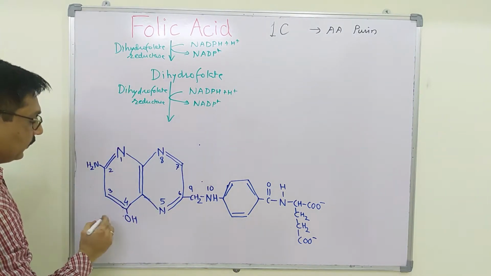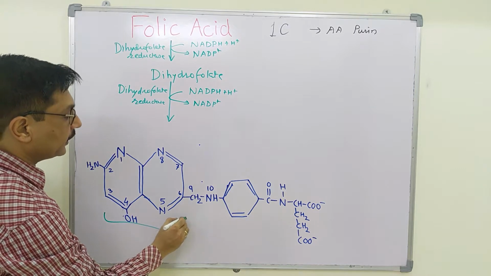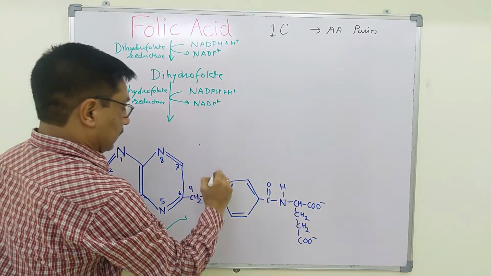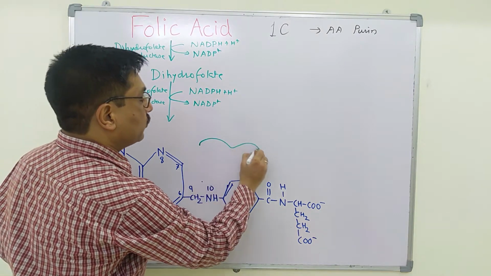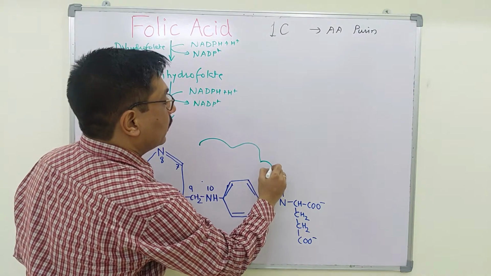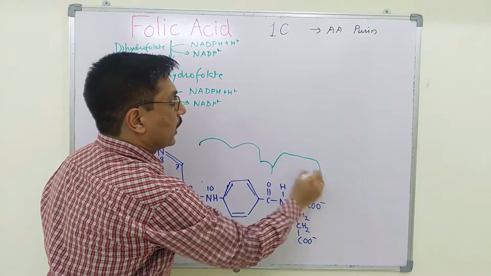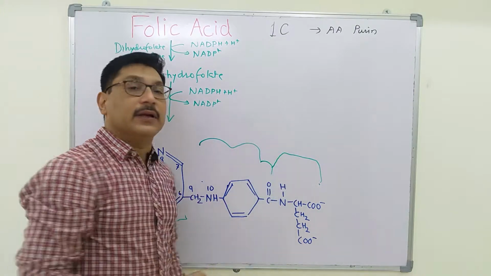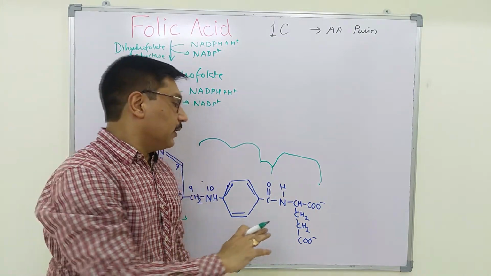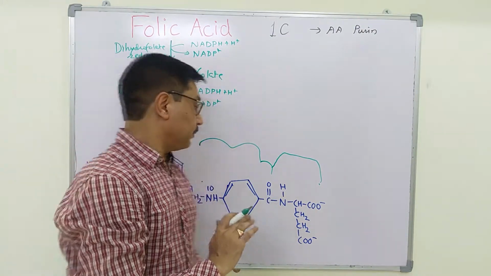The structure of folic acid is, there is a pteridine ring, there is para-amino benzoic acid, and there is glutamic acid. The number of glutamic acid can vary from 1 to 7.